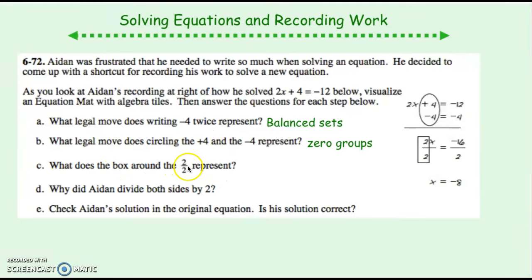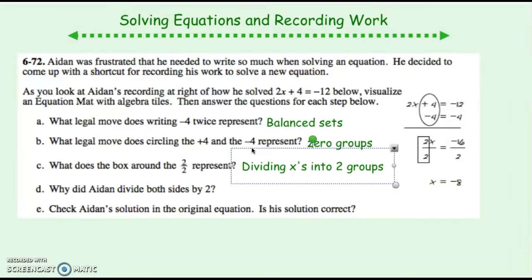What does the box around the 2 over 2 represent? So that means I'm dividing my x's into 2 groups. So instead of having 2x, I'm dividing one into one group and one into another group.